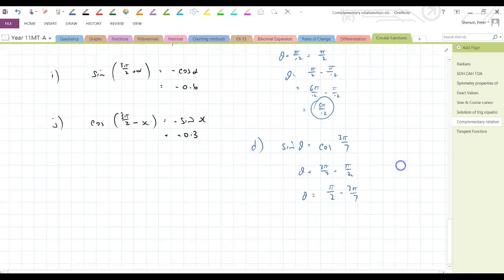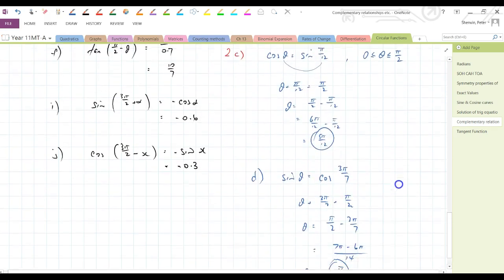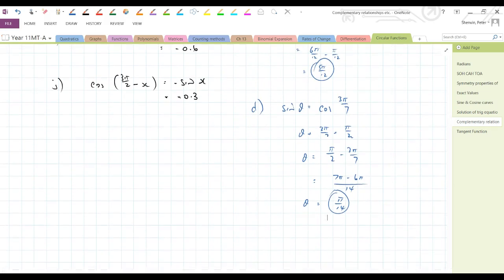Theta is pi on 2 minus 3 pi on 7. So that's 7 pi minus 6 pi over 14. So pi over 14 is theta. So pi over 14 plus 3 pi over 7, which is 6 pi over 14. If you think about it, you add those two together, you get pi over 2. So there's how to do C and D. You basically just need to sum them to 90.